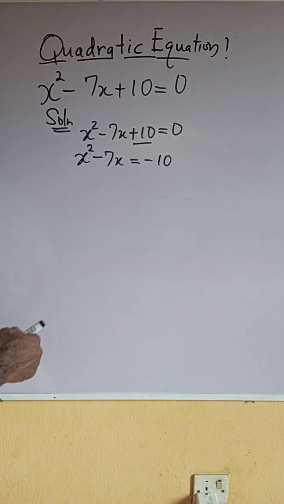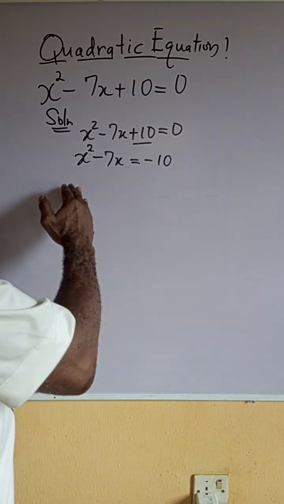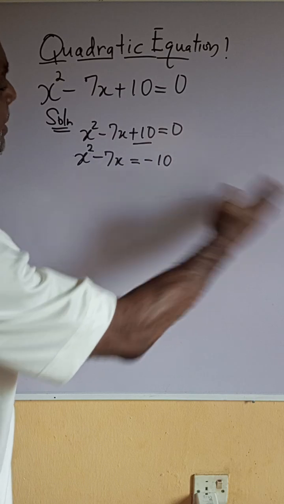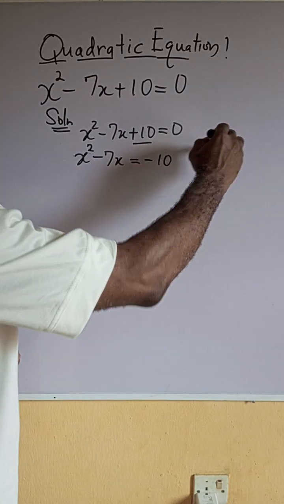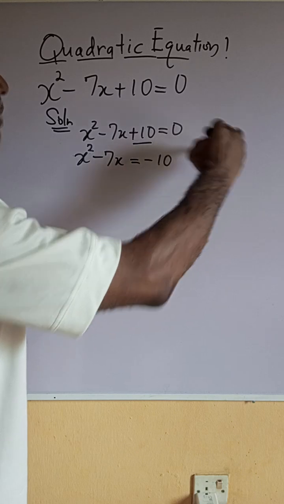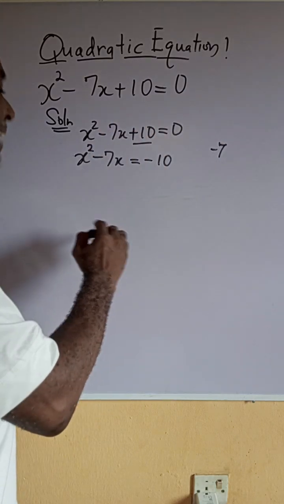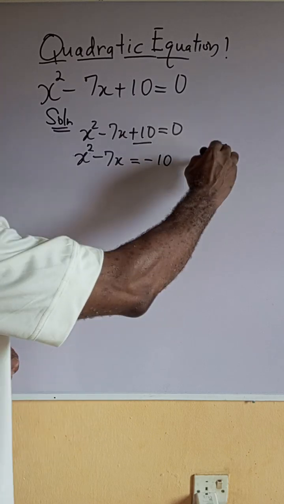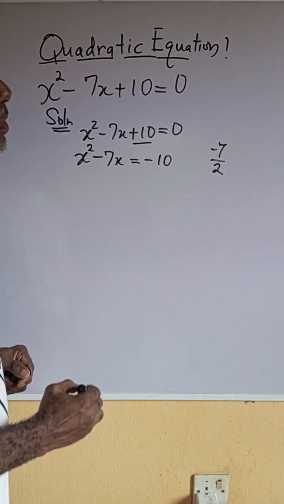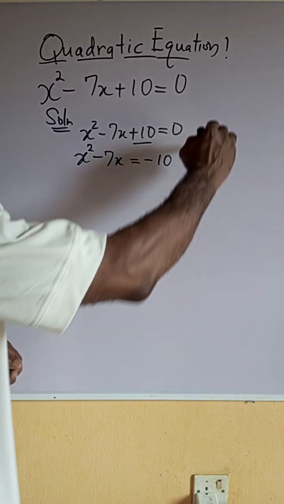The next step is to add the square of half the coefficient of x to both sides. Okay? Here, the coefficient of x is minus 7. We add half the coefficient of x, squared, to both sides. Half of minus 7 is minus 7 over 2.